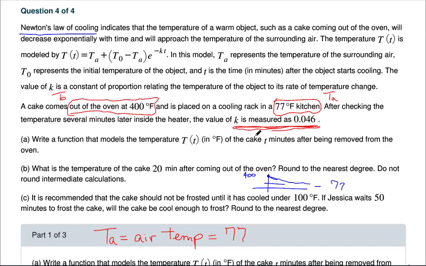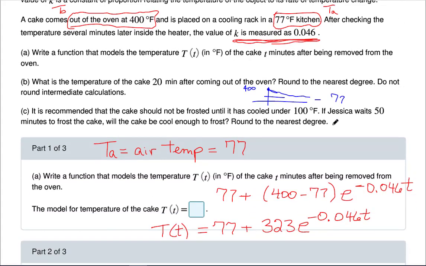All right, so comes out of the oven at 400, cools off, but it can't get any cooler than the room temperature of the kitchen. How fast it cools is this K, and they give us the value of K is 0.046. All right, so while complicated, it's a common thing. Take hot cookies out of the oven. They have to cool off. When they cool off enough, we can eat it.